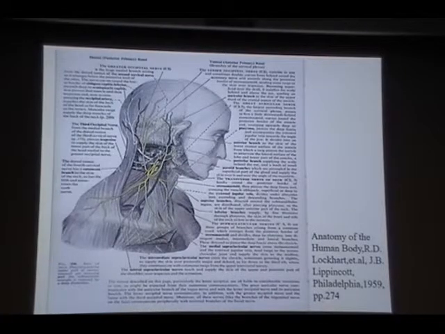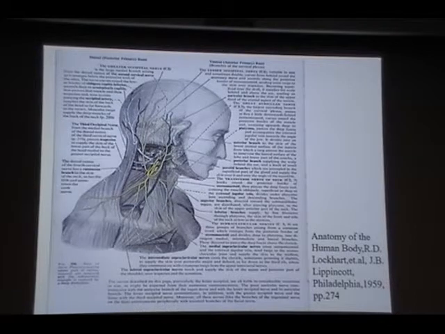Now it's interesting, when we talk about a nerve plexus in the body, if you remember when we first started talking about spinal nerves, they have arms that go either to the back of the body wall or to the front of the body wall. And those are called rami of the spinal nerve, okay?